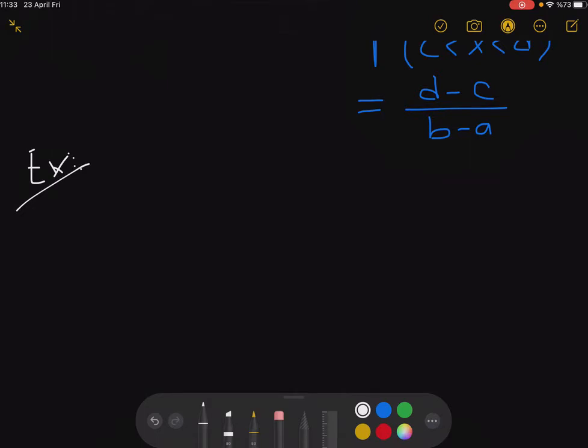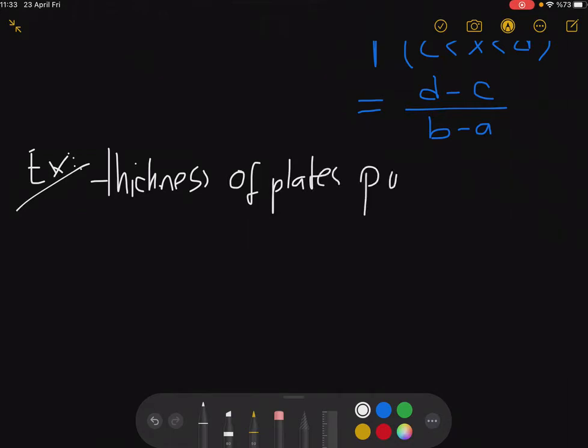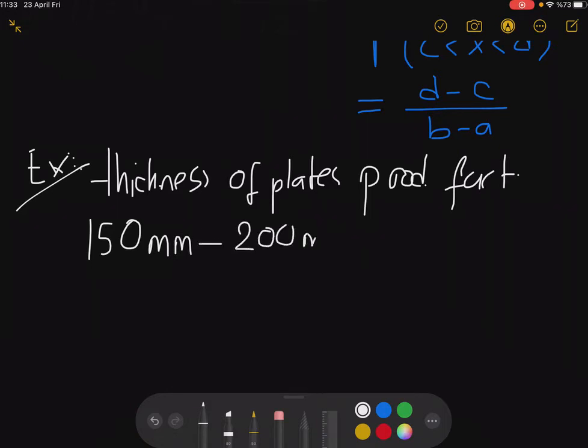We're talking about the thickness of plates produced at a factory, and they're within a 150 to 200 millimeter range for that thickness.